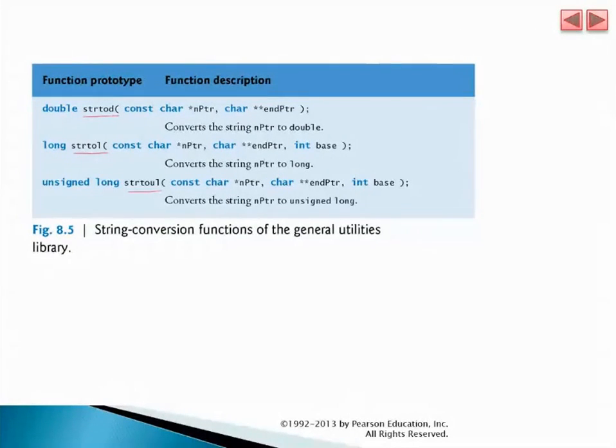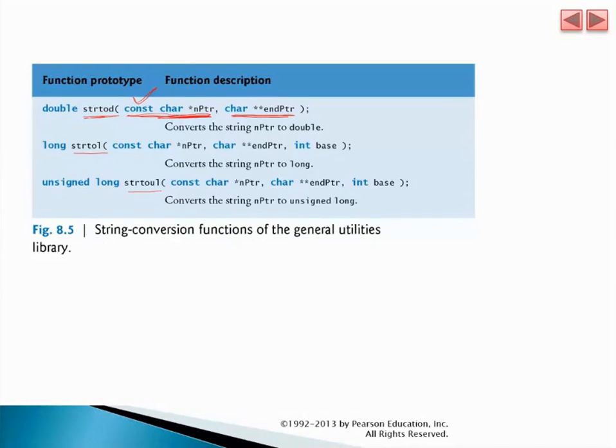If you have noticed, the first function, string to double, takes two arguments. The first argument is the constant one. It is the string on which we have to do the processing. And there is a second pointer to a pointer, which represents the remaining string that we get from the first string.